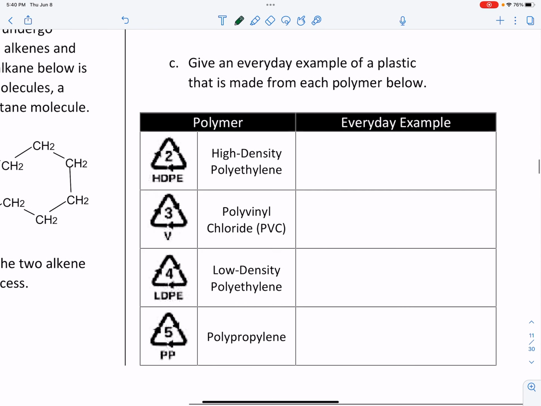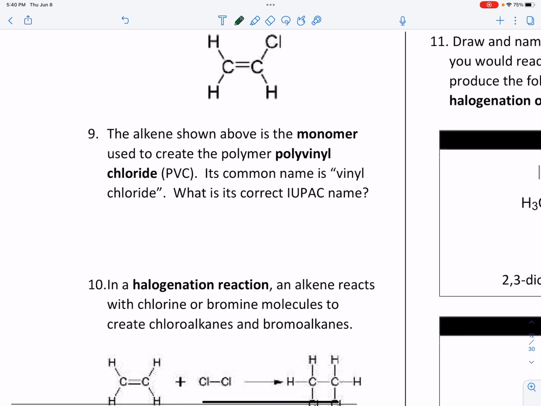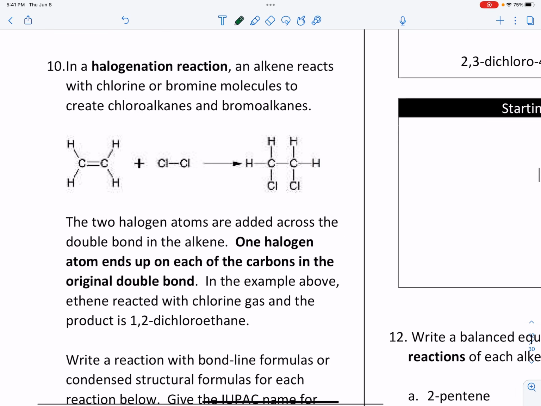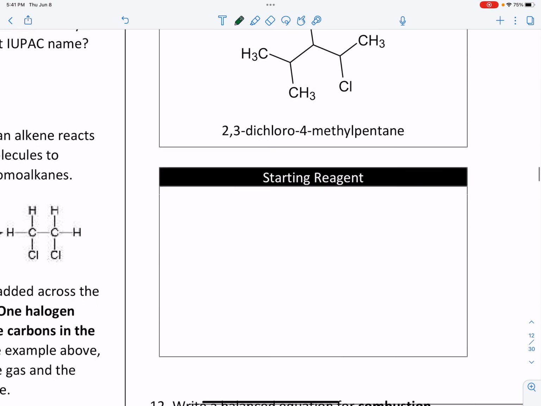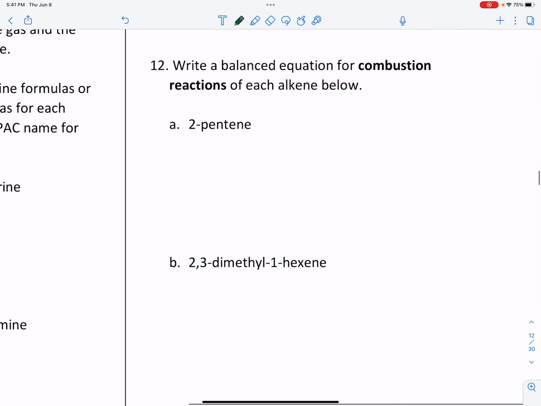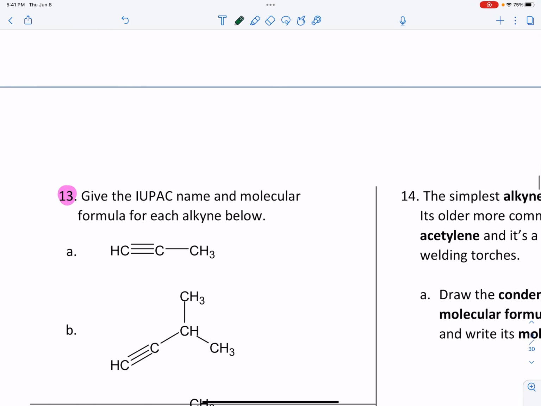This question in part C, you're going to use the internet, find some everyday examples of different types of polymers that you encounter in your life. Question 9 and 10 are also important to read and understand. Question 11 is related to that. Question 12, I'll leave you to do as well, combustion reactions for these different molecules.